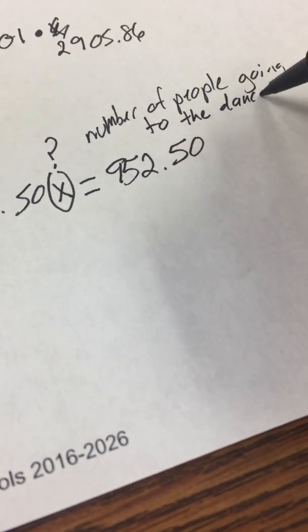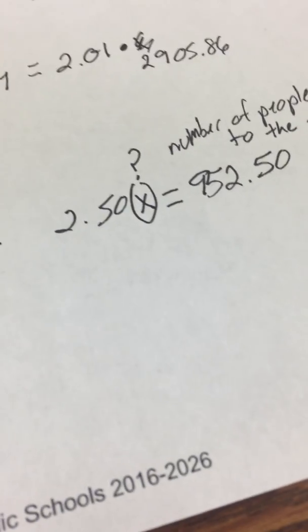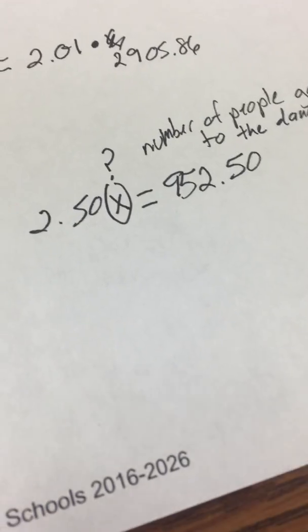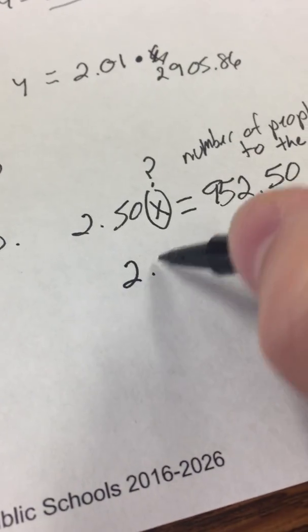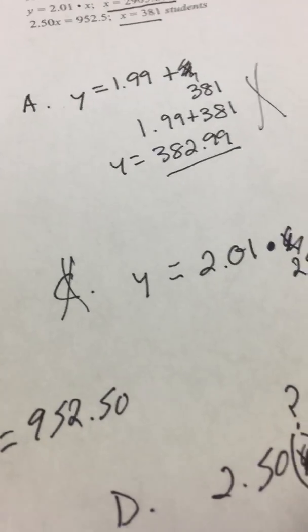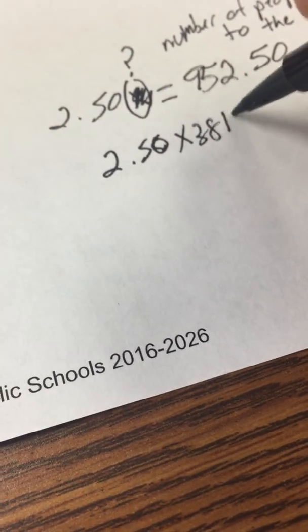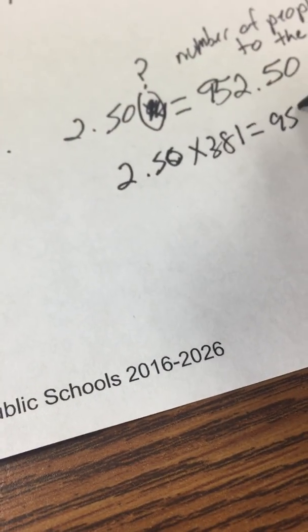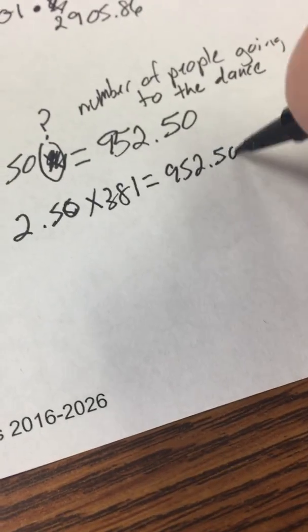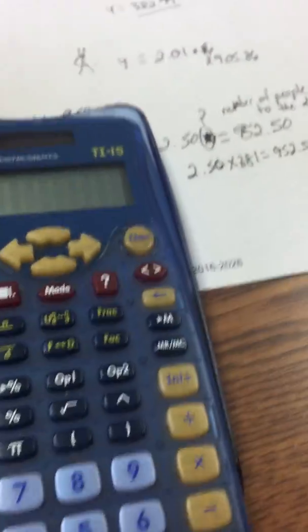Okay, so since that represents that, I bet this is going to work out. And since it was the last answer, it will be correct. Let's work it out just to make sure. 2.50 times, and this one wants us to substitute in 381, so we scratch the X out. We're multiplying times 381. We should get 952.50 as our answer. Let's use our calculator just to check our work.